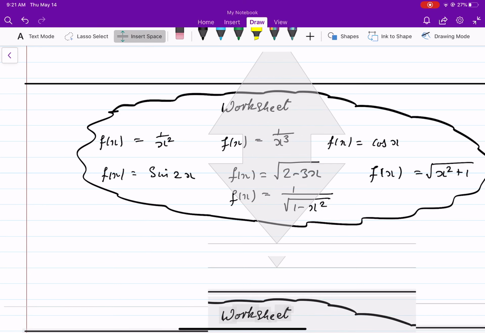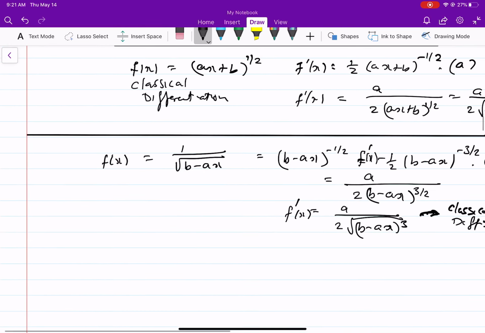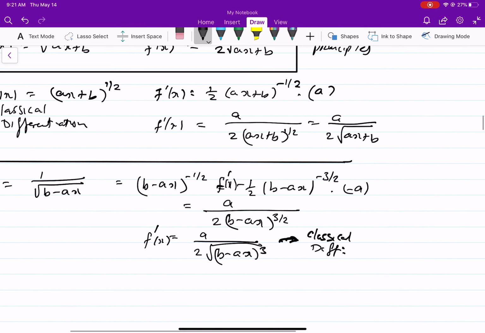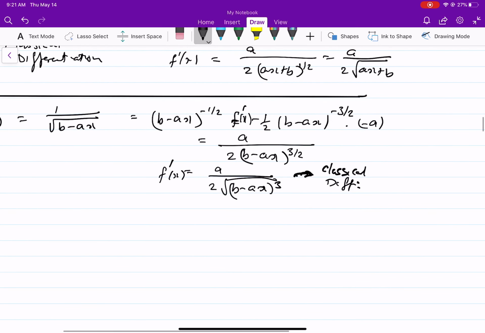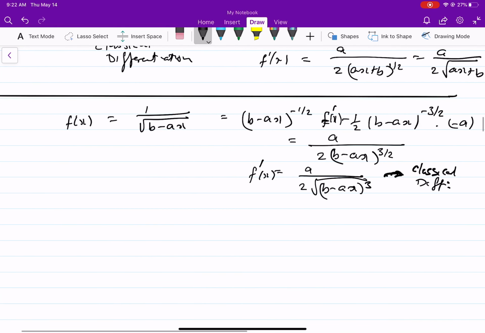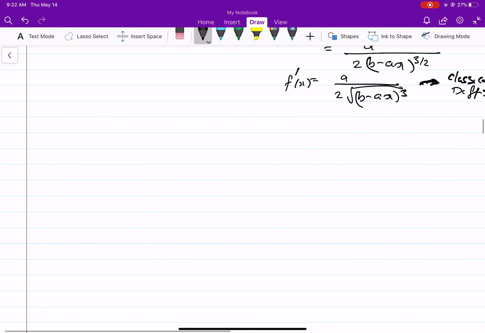A lot of this is algebra intensive. All right, 1 upon the root of b minus ax. Let me justify this thing. f of x, 1 upon the root of b minus ax.